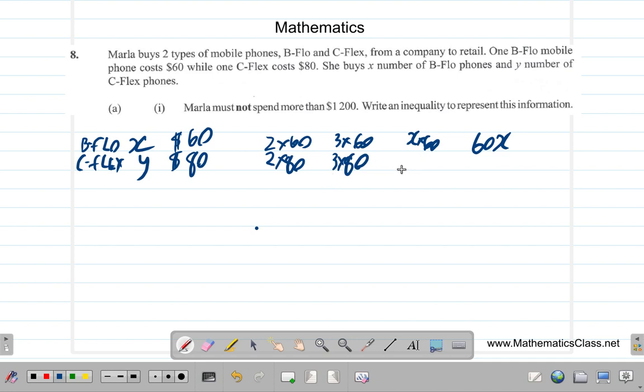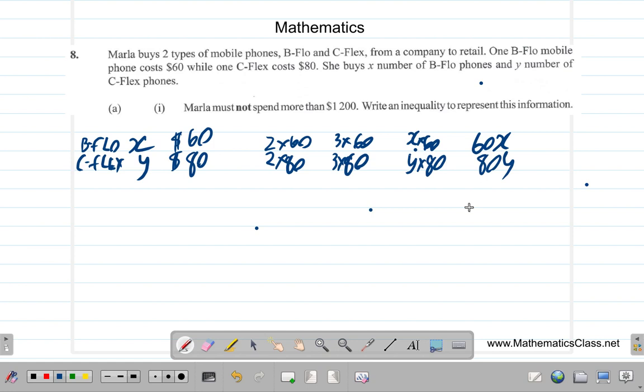The number of C Flex phones she buys is y, so she will spend y times 80, which you can write as 80y.